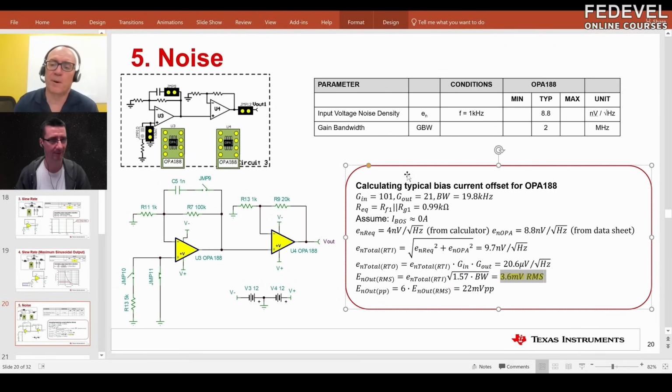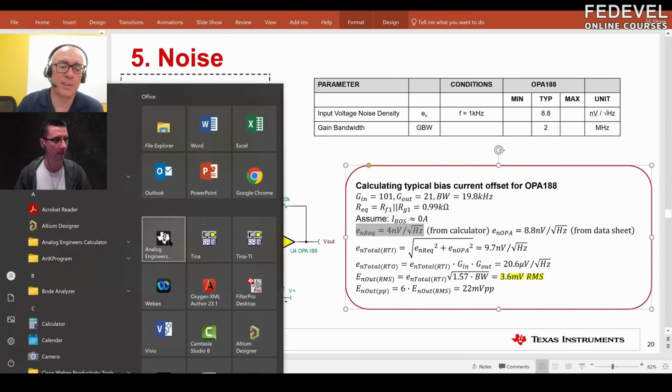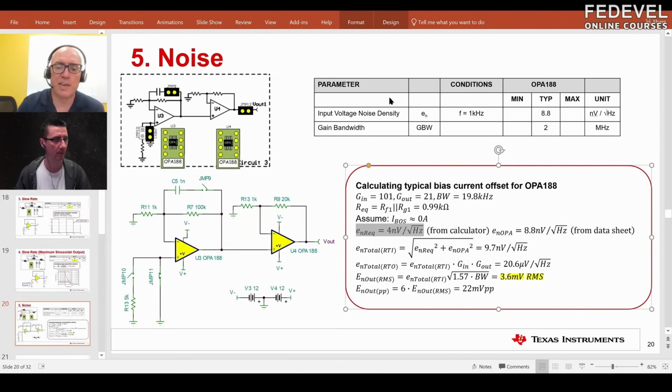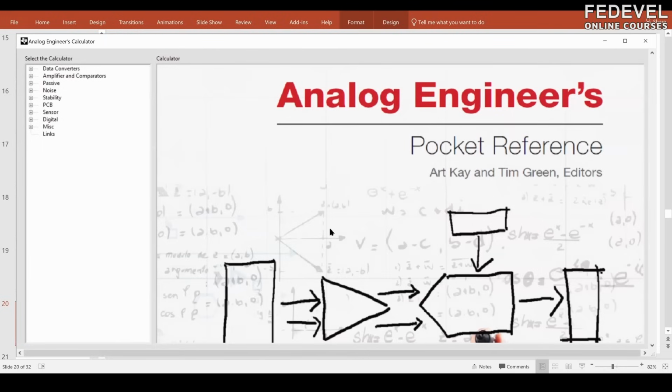So in order to do a noise calculation, you'll normally get the noise from the data sheet. And there's also going to be noise from the resistors. The resistors have a thermal noise. The noise of the resistor can be calculated with this Analog Engineer's Calculator, which you can download from TI at no cost.